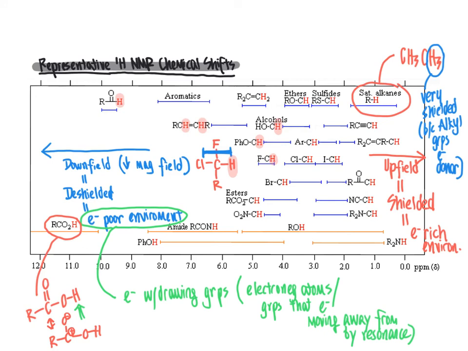So that's a key piece of information we get from the chemical shift. The other piece of information is when we look at a particular NMR spectrum and we count the number of signals, the number of different chemical shifts, that tells us how many different types of protons are present in the molecule. So to recap, I'm going to write a couple of those things down.